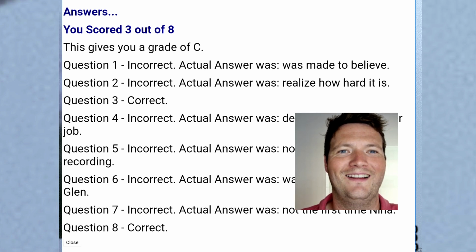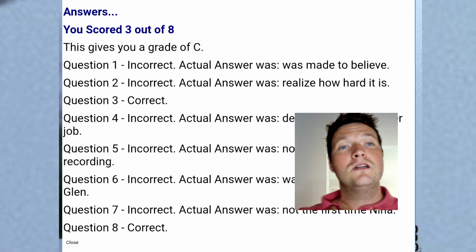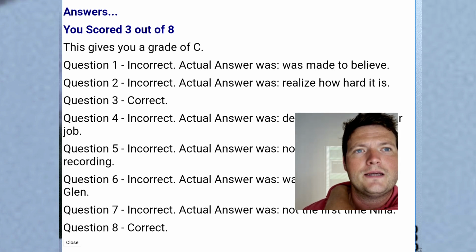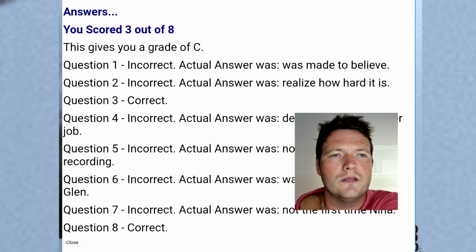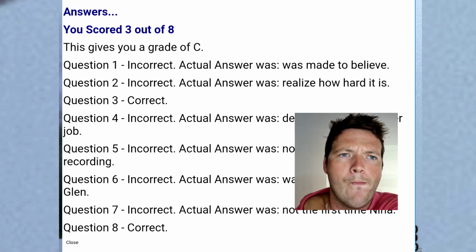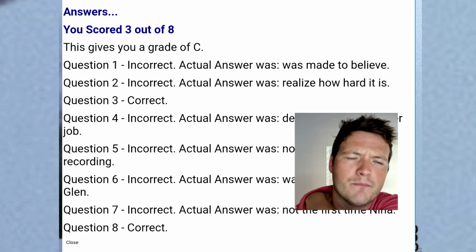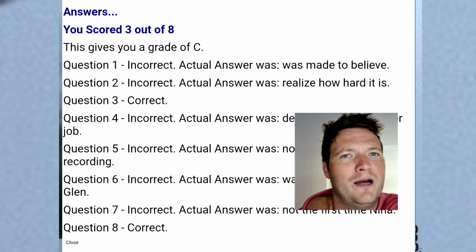Let's have a look. Whoa, it says they're all incorrect. Okay. Was made to believe. So it says in number 1, was made to believe. And it doesn't say by the judges. I think led to believe is fine. In fact, it might even be better. He was given the impression. So yeah, I can't agree that my answer is wrong.